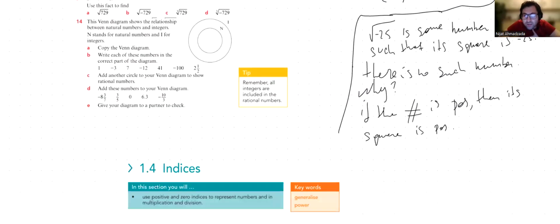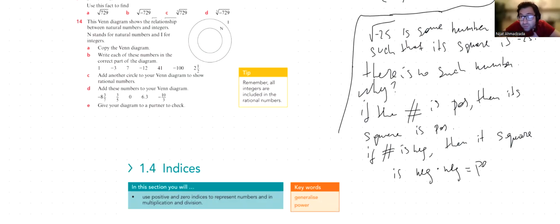If the number is negative, then the square is the number times itself, so that negative number times itself. We know from the previous video that negative times negative is also positive. So no matter whether the number is positive or negative, its square is always positive.